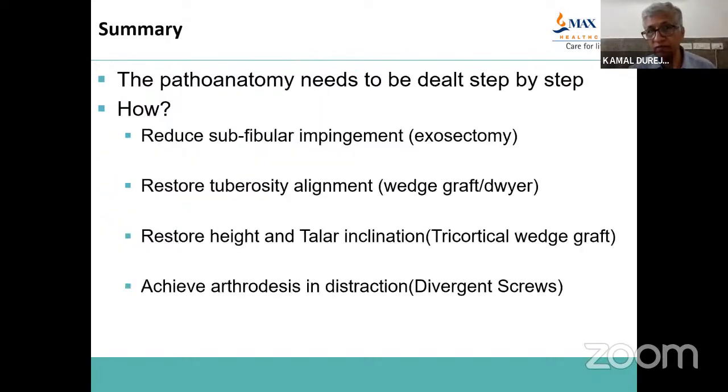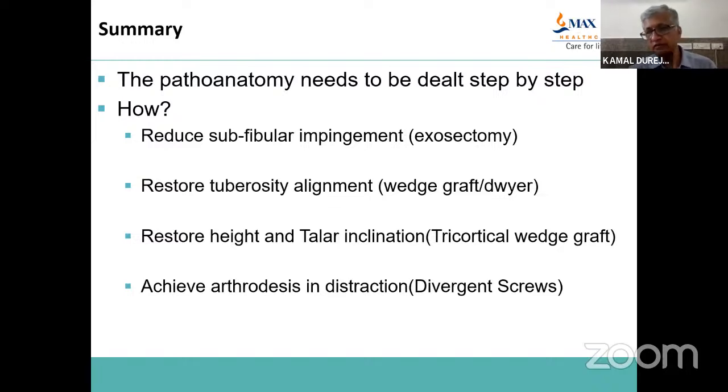So to summarize, we need to understand the pathoanatomy, list our problems, and deal with them step by step. And usually this first step is exostectomy, because the bone which you remove as an exostosis can also be used as a graft if it is good enough, or otherwise you have to take a tricortical graft from the iliac crest.